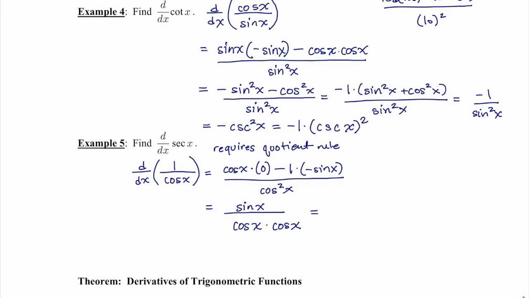So that's going to give me sine of x over cosine of x times 1 over cosine of x if I separate those two factors. And I can see that as tangent of x times secant of x. And for whatever reason, it's much more conventional to put them in this order, secant of x times tangent of x, for the derivative for secant.